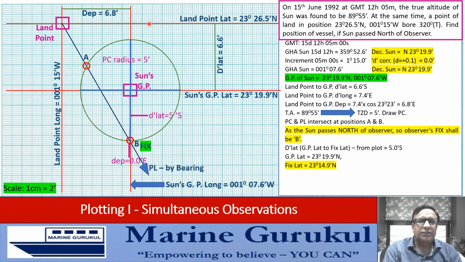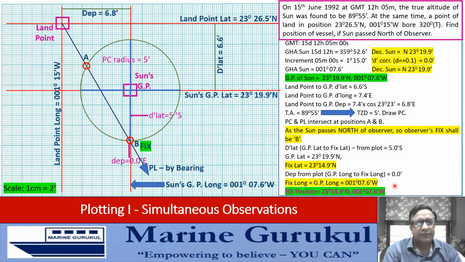The fix lies on the meridian of the Sun's GP, so departure from there is 0. Therefore, D-long is also 0, and the fix longitude is the same as the longitude of the GP of the Sun, which is 001 degrees 07.6 minutes west.